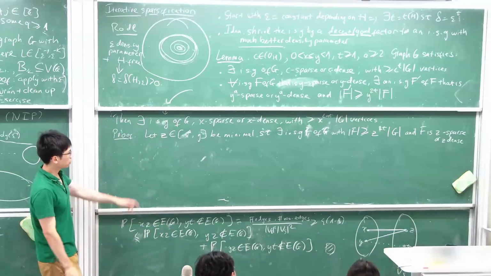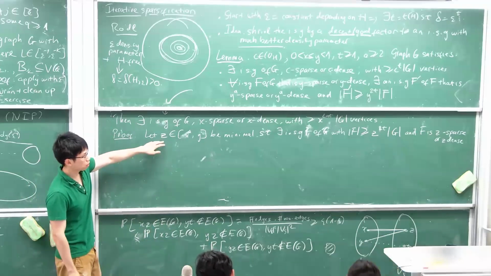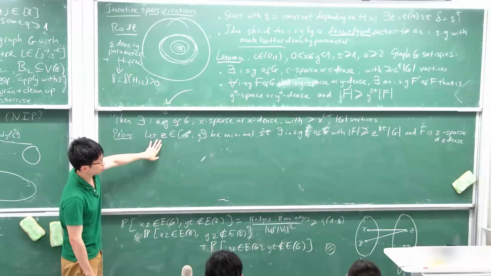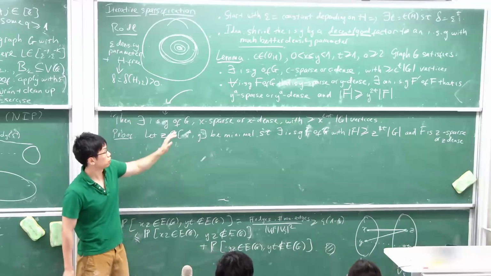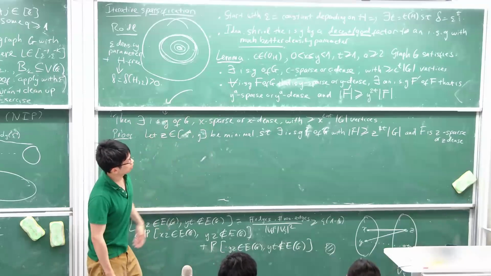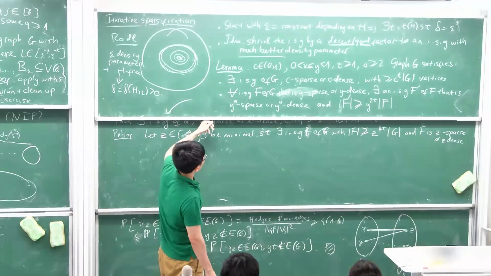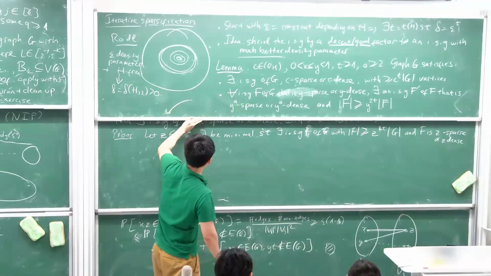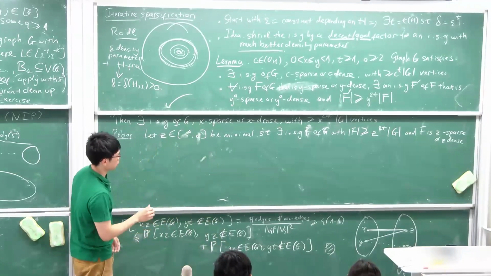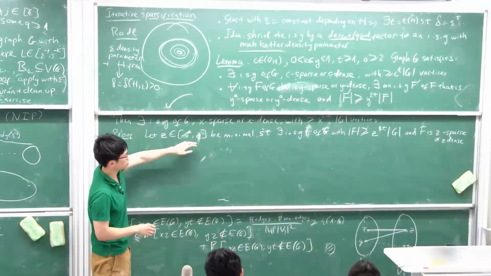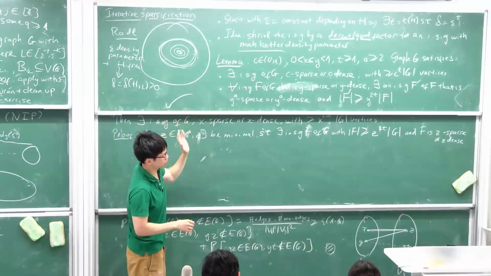Okay, and this Z certainly exists because you can just put Z to be C, and now you apply the first condition.